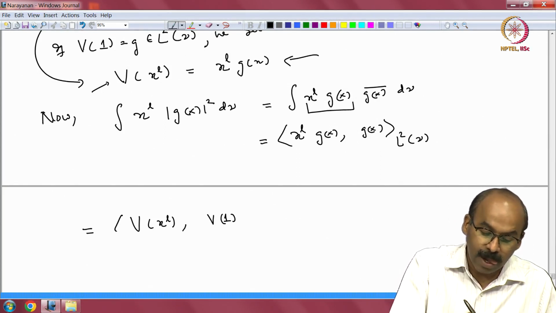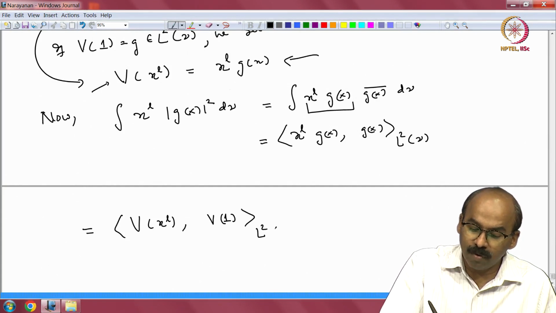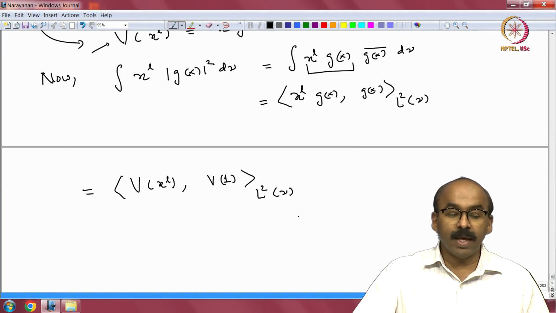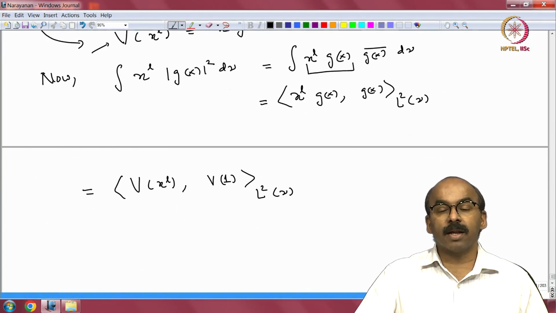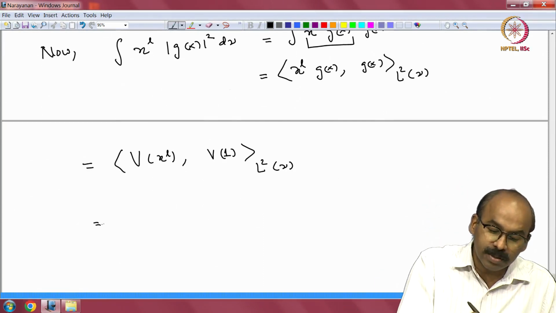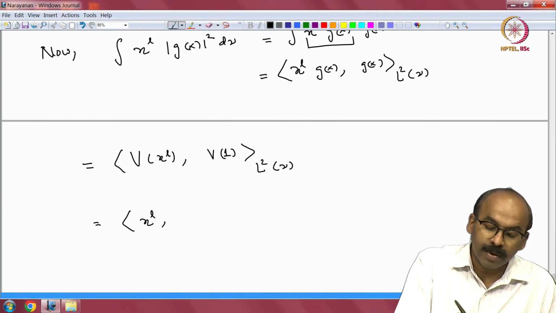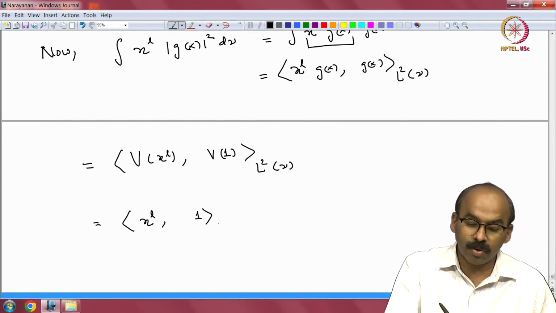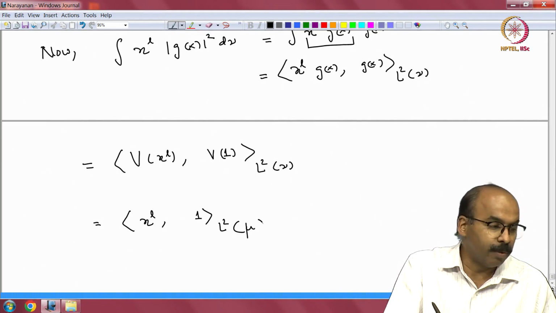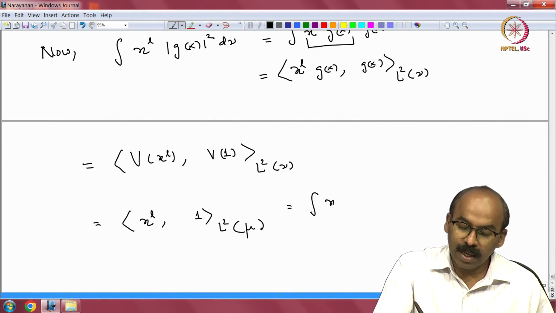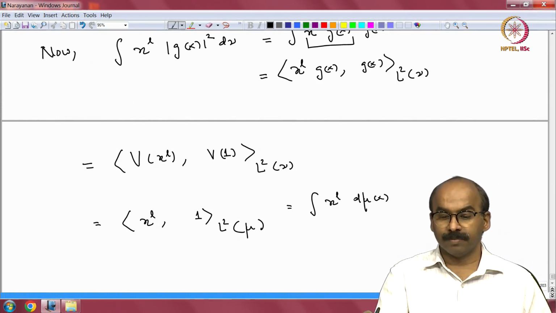But V is unitary, so it preserves the inner product. So this is simply x to the L inner product with the constant function 1, but now V is gone, and so you are back to L 2 of mu, which is equal to the integral of x to the L d mu x.